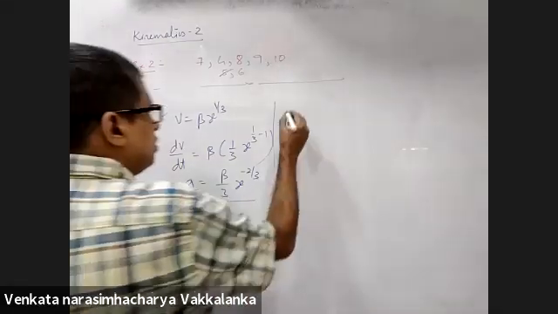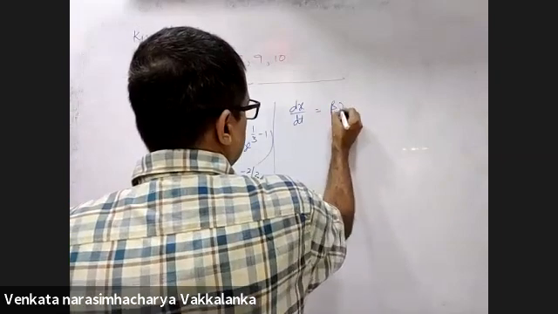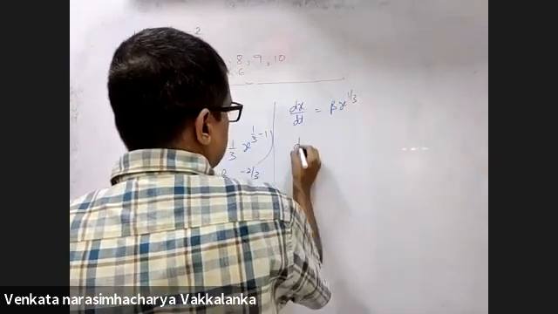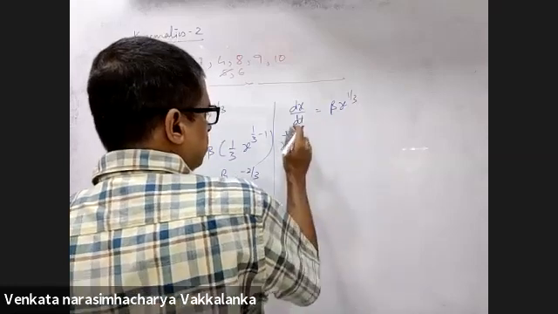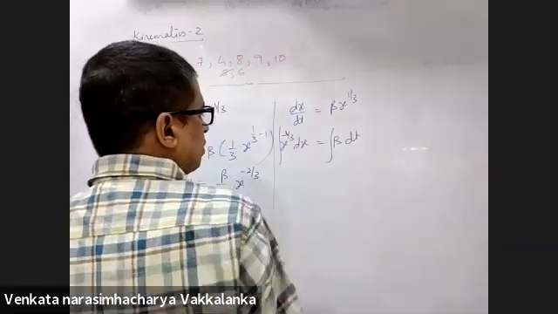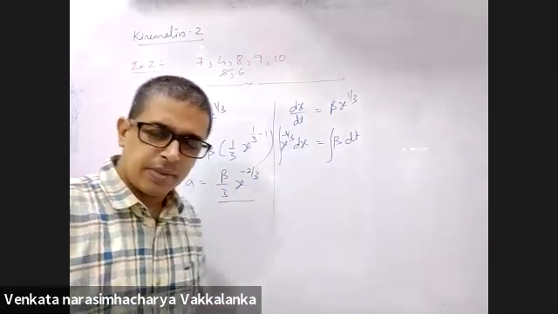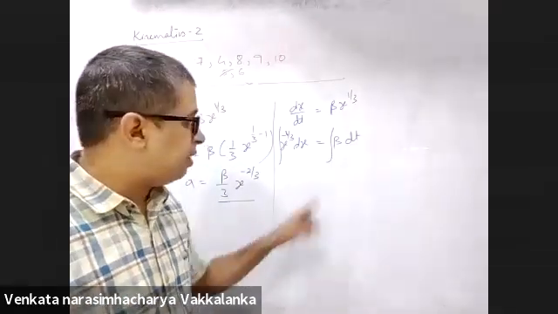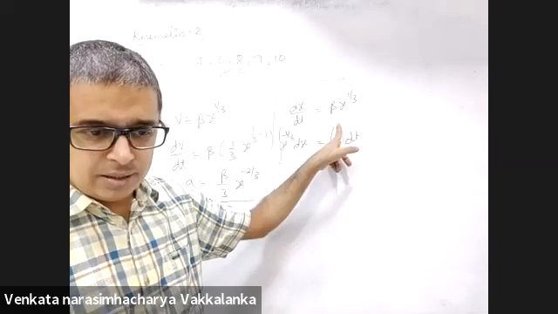Second, mean velocity is dx by dt. I will take it as beta x to the power 1 by 3. dx x to the power minus 1 by 3, if we bring that to the denominator, is beta dt. Can I find x as a function of time? Can I substitute 0 to the time interval given?